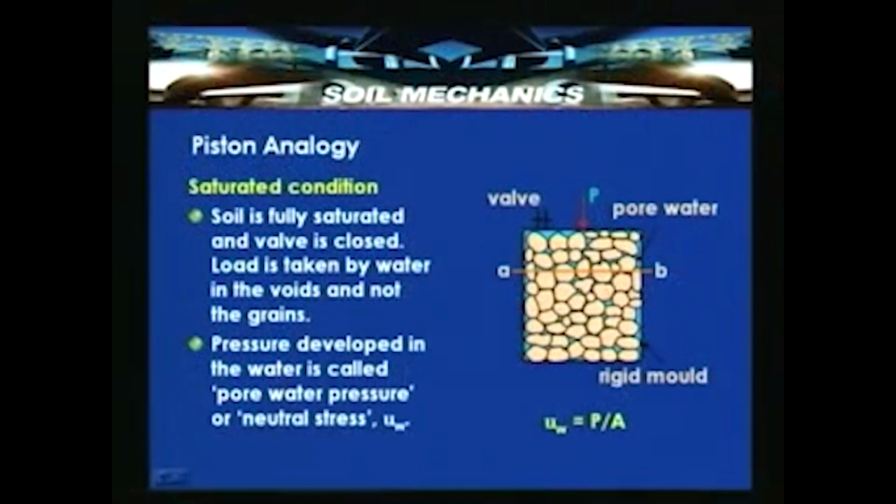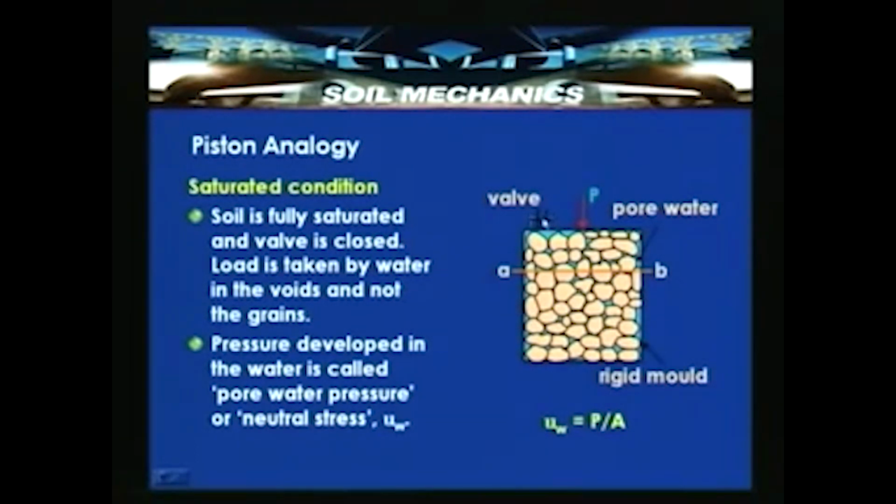In case of a saturated condition, let us consider this piston analogy, assuming that the soil skeleton with a certain arrangement is in a cylinder filled with water and the valve is closed. The rigid mold has a unit cross section area A, and the pore water is indicated with the blue color here.